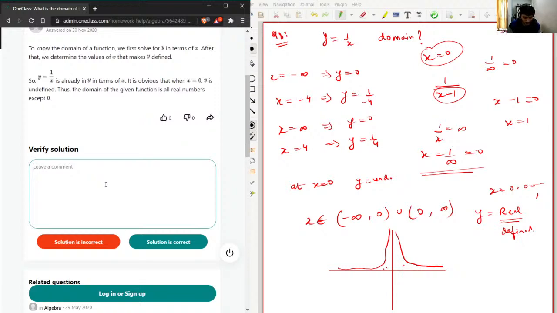So that is pretty much everything. So correct solution, oh sorry, good work.